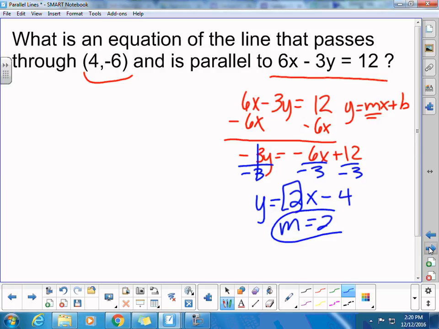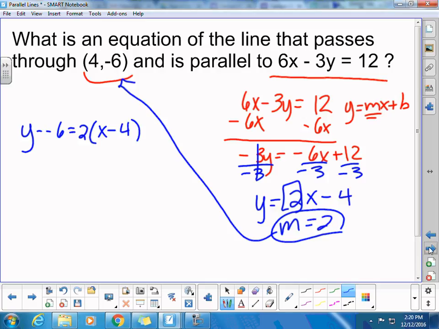So I'm going to take this slope and this point, and plug it into my point-slope formula: y minus y1 equals m times x minus x1. It doesn't say whether we want point-slope or slope-intercept, but I'm going to assume slope-intercept. Again, minus a negative is the same as plus a positive.